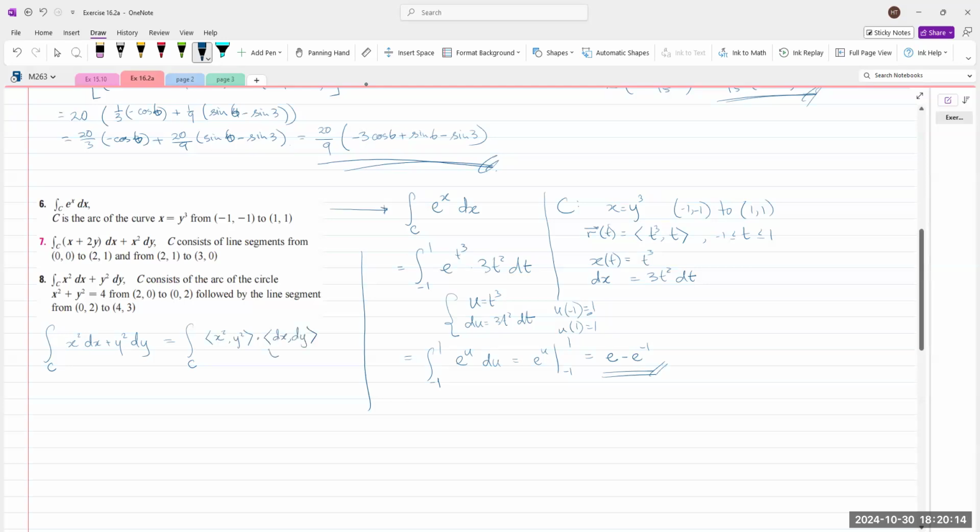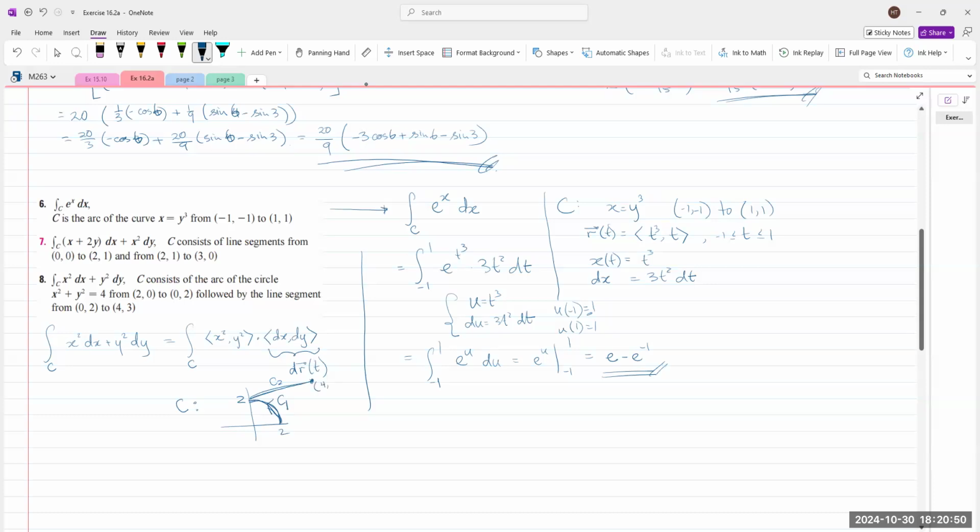Now, notice that this is our dr. If we parameterize the C, let's parameterize the C first. C is the arc of the circle with radius 2 from (2, 0) to (0, 2). Oh, it consists of two parts. So this is the C1 followed by the line segment from (0, 2) to (4, 3). This is our C2.